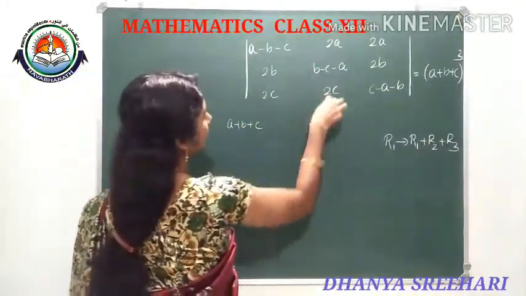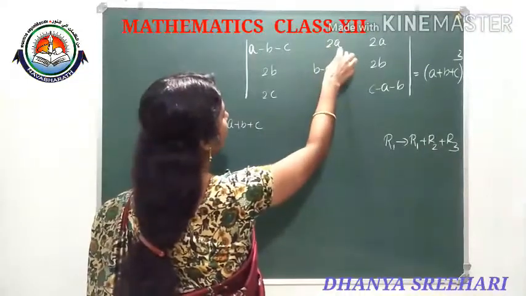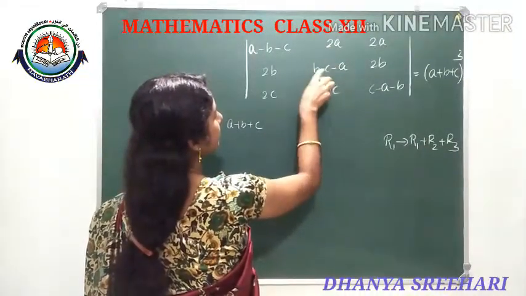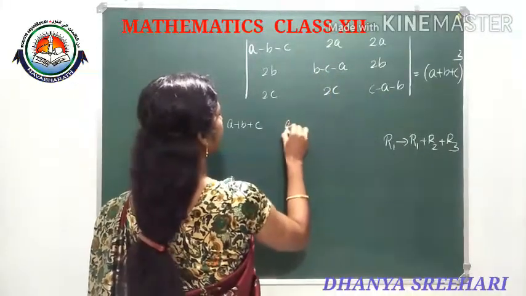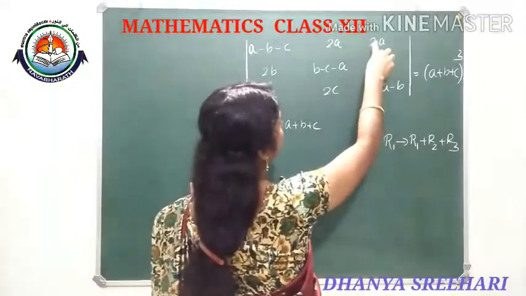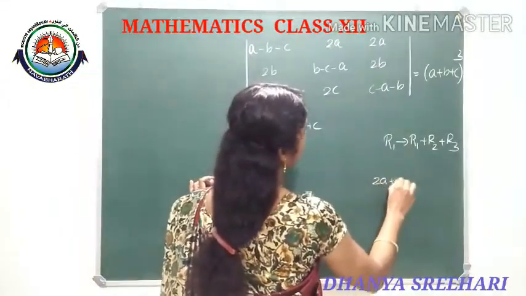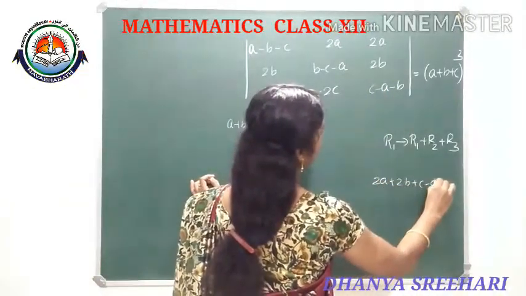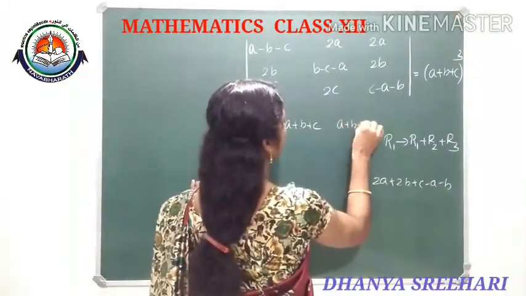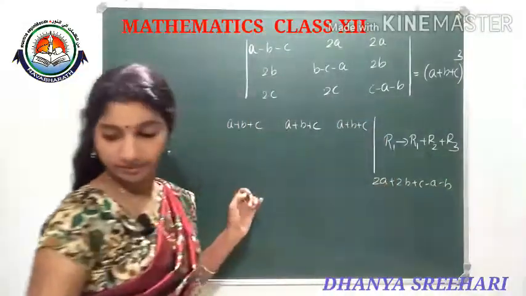And this one while adding also we will get 2a plus 2c minus a minus c is minus c minus a plus b, so it will come a plus b plus c. And here also 2a plus 2b plus c minus a minus b, 2b minus a, so that also will come a plus b plus c. Okay.